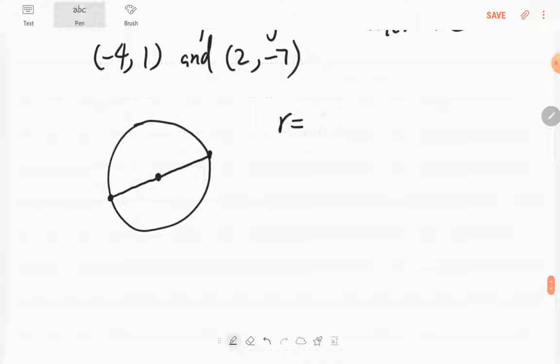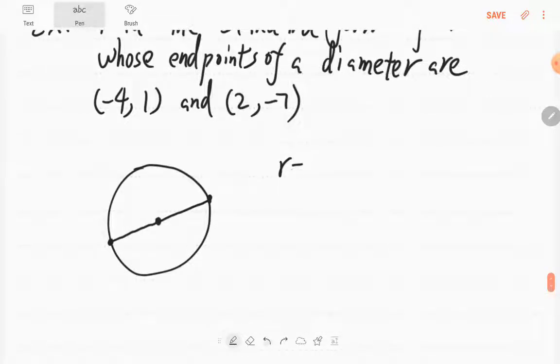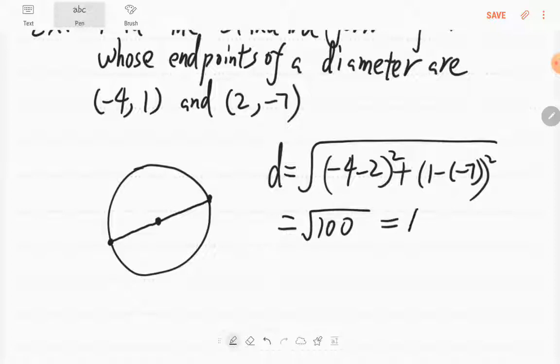Let's find the distance between these 2 points. Okay, d is negative 4 minus 2 squared plus 1 minus negative 7 squared. If you calculate, it would be 100. So square root of 100 equals 10. So this is the distance. So here to here is 10. The diameter is 10. So the radius is 1/2 of the diameter, which is 5.